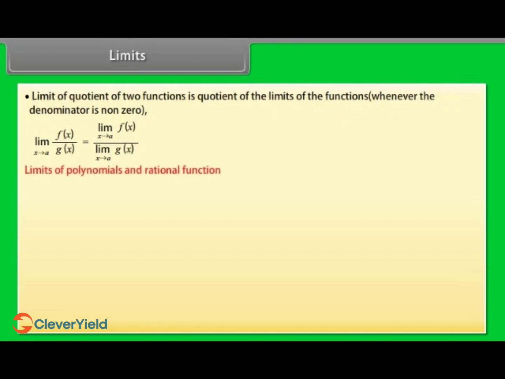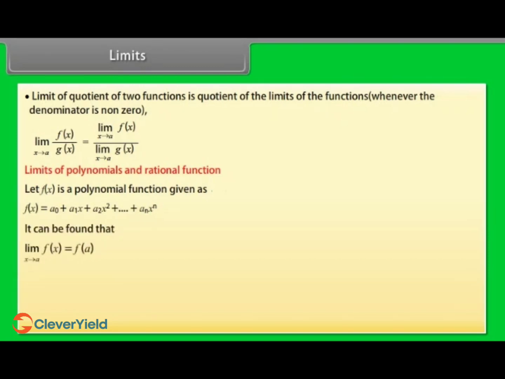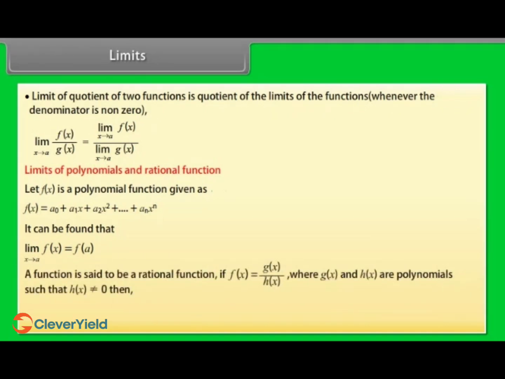Limits of polynomials and rational function. Let f of x be a polynomial function. It can be found that limit x tends to a of f of x is equal to f of a. The function is said to be a rational function if f of x is equal to g of x upon h of x, where g of x and h of x are polynomials such that h of x not equals to 0.